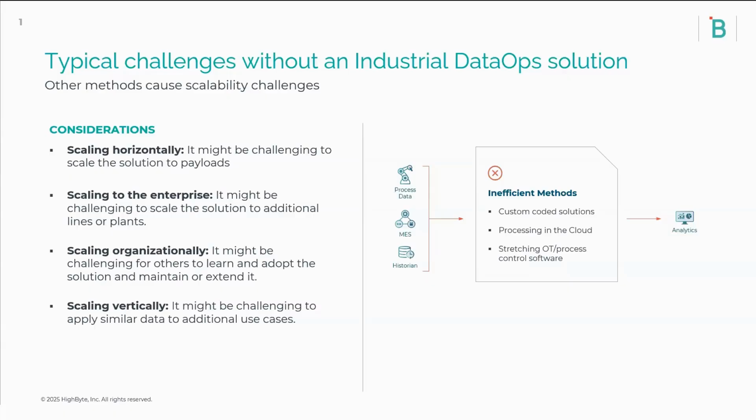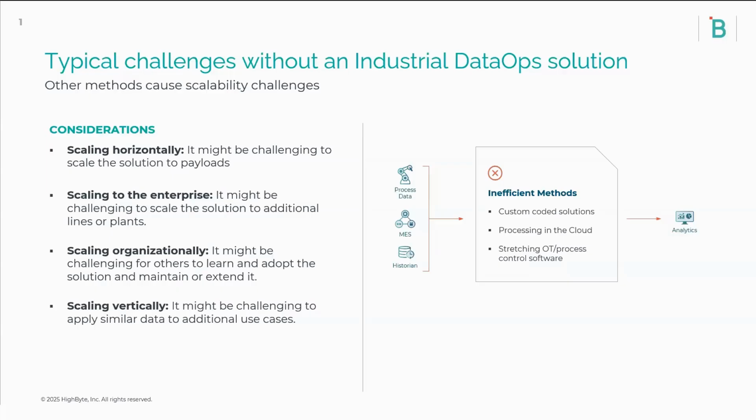Yeah, it's a great question, Sydney. Simply put, scalability is one of the biggest obstacles we see today in industrial data use cases. Other methods of achieving industrial use cases oftentimes are inefficient and lead to large amounts of technical debt, most notably when it comes to scaling.